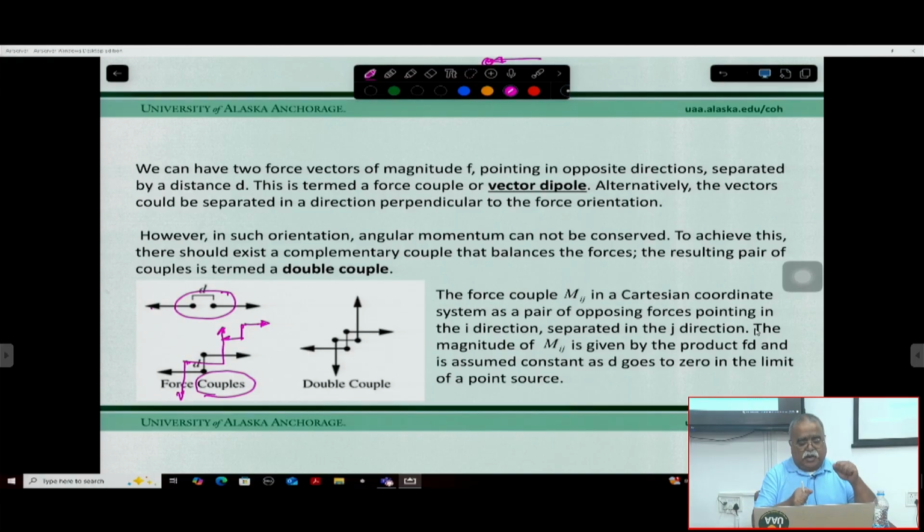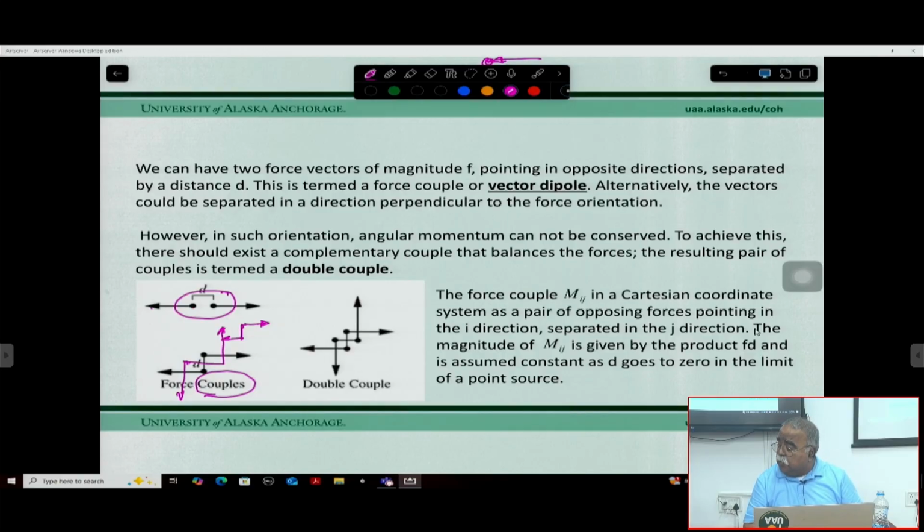Because one tries to rotate in this way, and the other will try to rotate the other way. As a result, if the double couple force is present, then that will conserve the system, and we will be assuming that the force which is generated inside the source is basically due to a double couple type of force, right?